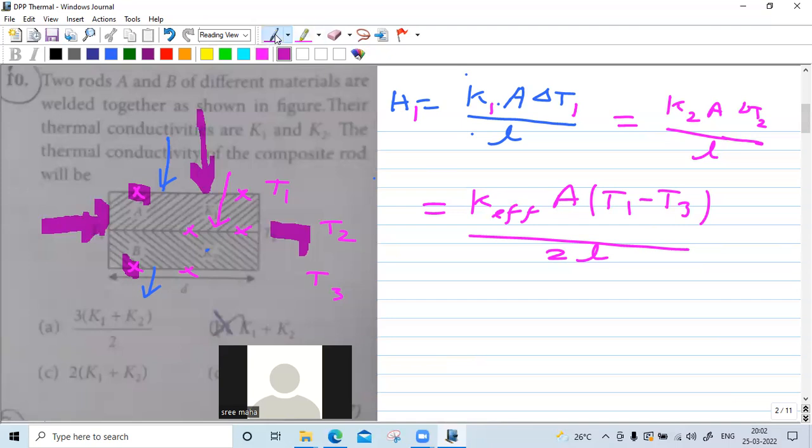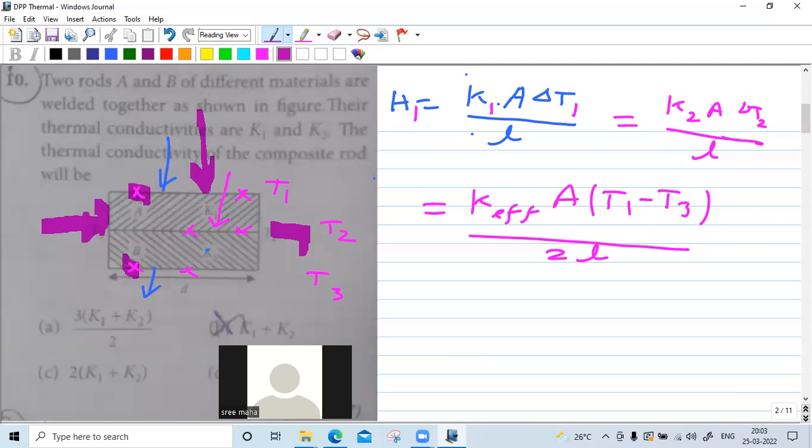So from this first one, you get delta T1. The area is doubled now, sir, for K effective. No, area is same, length is doubling. Area of both the rods we have to take now, sir. The direction of flow is from top to bottom, not left to right. So that's why I said there is a confusion in this question.